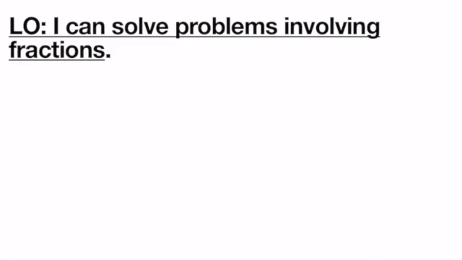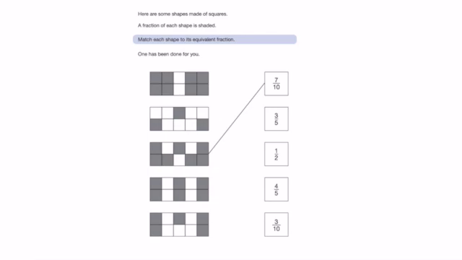Okay, welcome back. So we're going to be looking at some fractions today. All right, so here we have a problem of matching fractions. It says, here are some shapes made of squares. A fraction of each shape is shaded. One has been done for you. You have to match them.